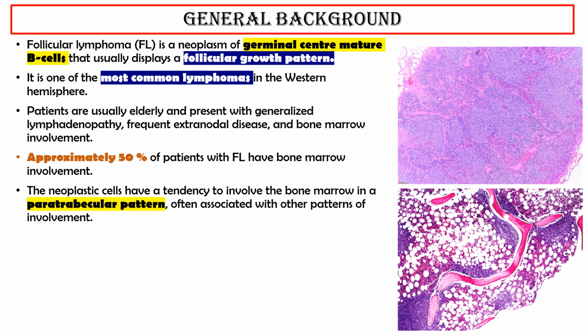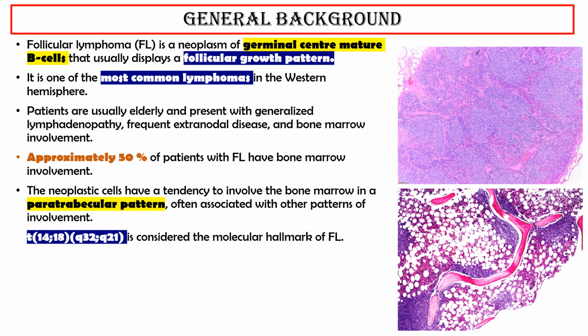The neoplastic cells have a tendency to involve the bone marrow in a paratrabecular pattern, often associated with other patterns of involvement. t(14;18)(q32;q21) is considered the molecular hallmark of follicular lymphoma.